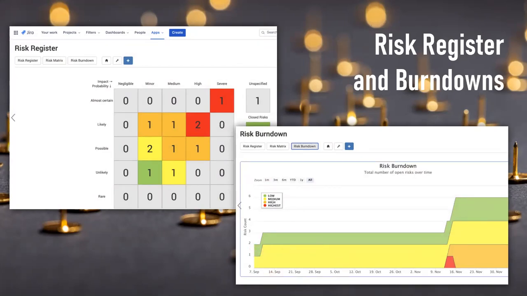It's the same idea as a scope burn down or an iteration burn down, except that you're looking at how you're burning down your risk. How many risks are you closing, mitigating, avoiding, etc. So that's a very interesting way of going about it. So even the Agile industrial complex in the form of the tools is acknowledging that building your risk management right into your Agile workflow is a very good idea.